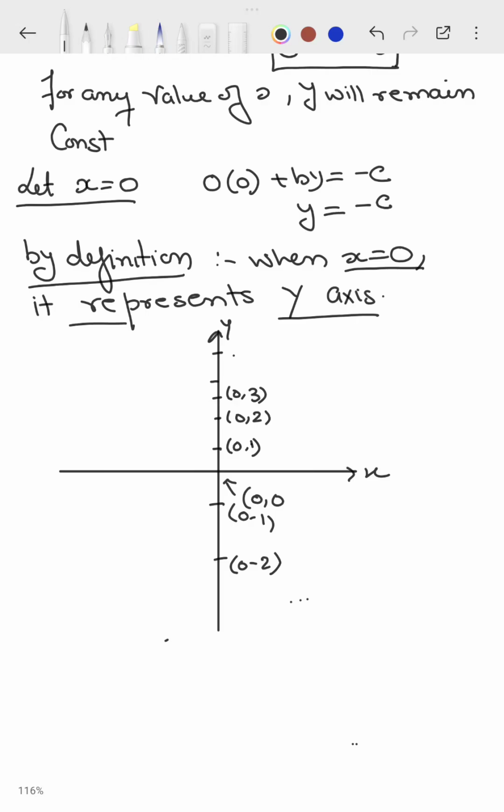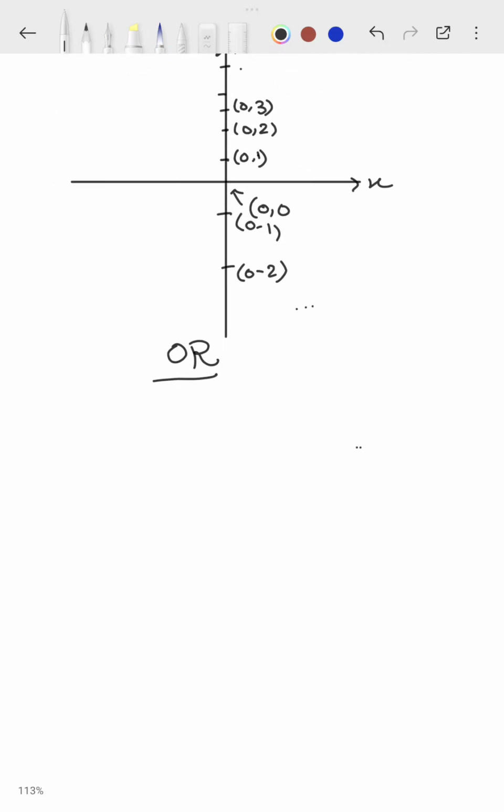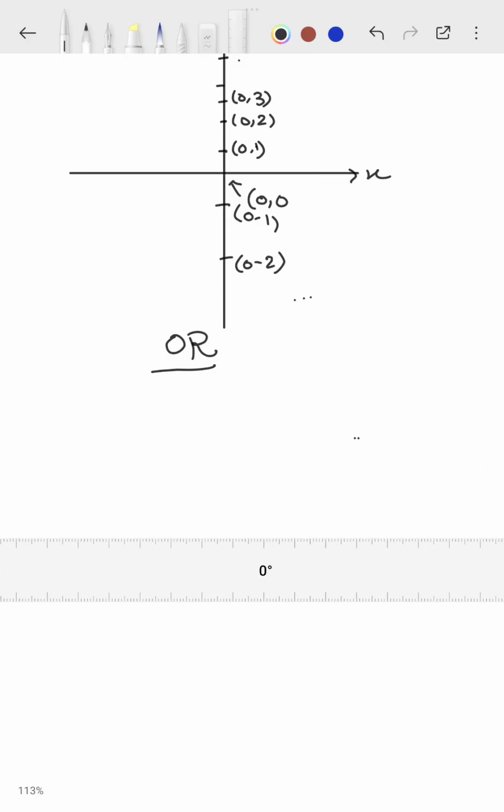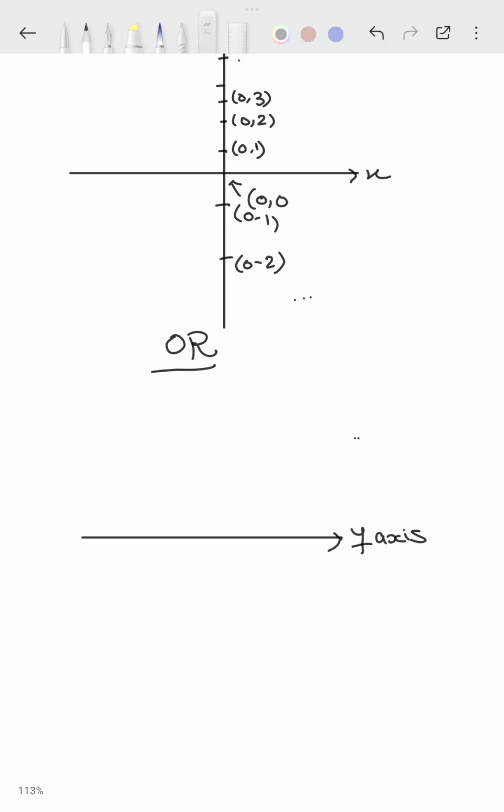So alternately, what we can do, we can draw it in this manner. Instead of making two variables, we'll just draw a line and make it the y-axis. I have drawn it horizontally. You can draw it vertically also, whichever way you like. See, it is the y-axis, hence by definition x is automatically 0.